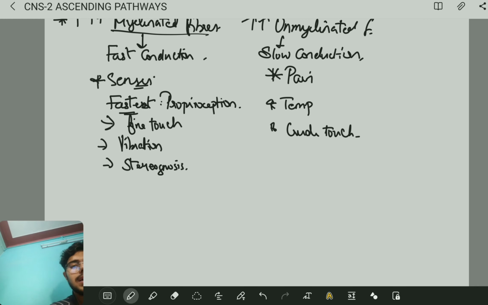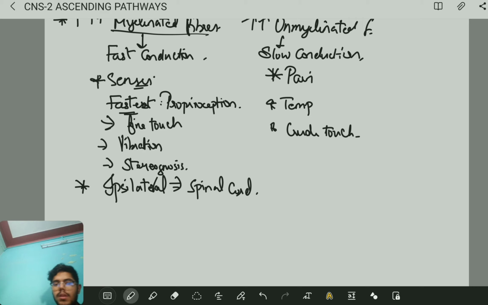Apart from that, we also discussed it is ipsilateral. Which one? Dorsal column pathway is ipsilateral to the spinal cord. Right? Because the crossover occurs at the level of medulla.